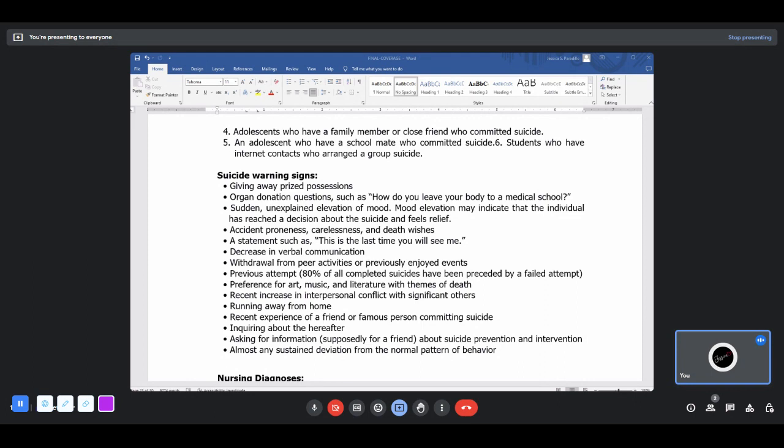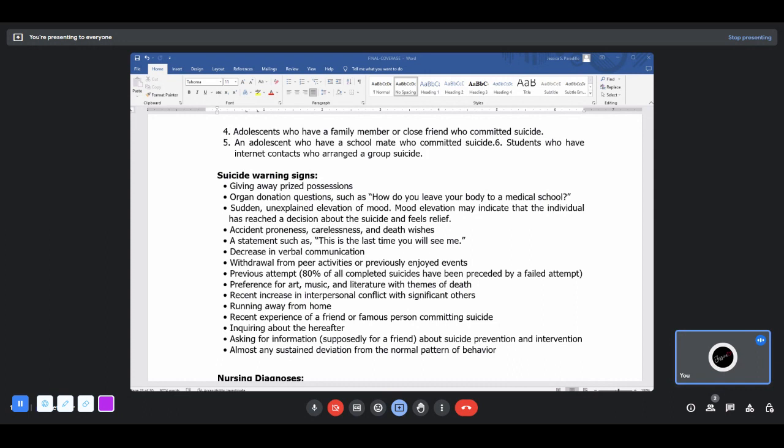Okay, another one, accident proneness, carelessness, and death wishes. Okay, next, a statement such as, this is the last time you will see me. Okay, another one, decrease in verbal communication, ayaw nang makipagsalita. Okay, withdrawal of peer activities or previously enjoyed events, lumalayo na siya.